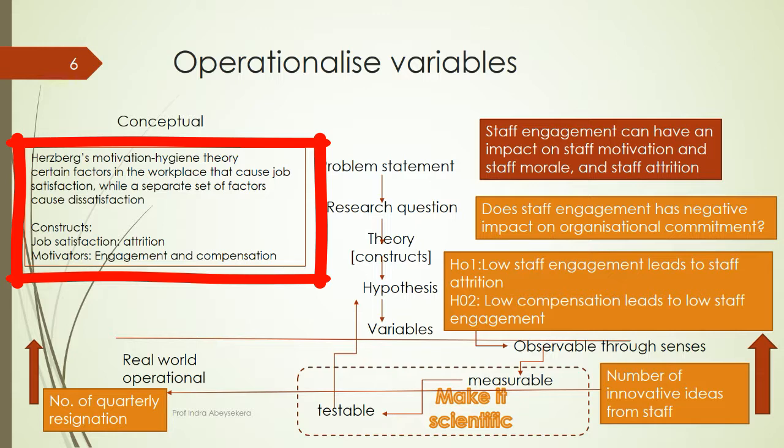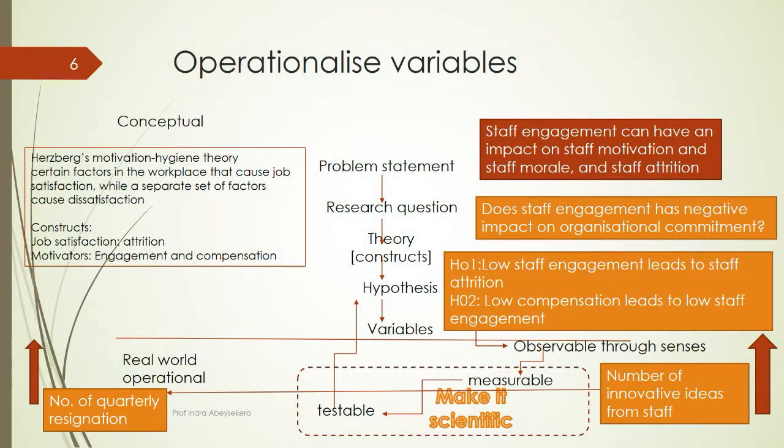So based on the theory, we identify constructs. One construct is job satisfaction. Based on our research question, we use attrition because we want to look at attrition. And for the motivators, we're going to look at engagement and compensation.